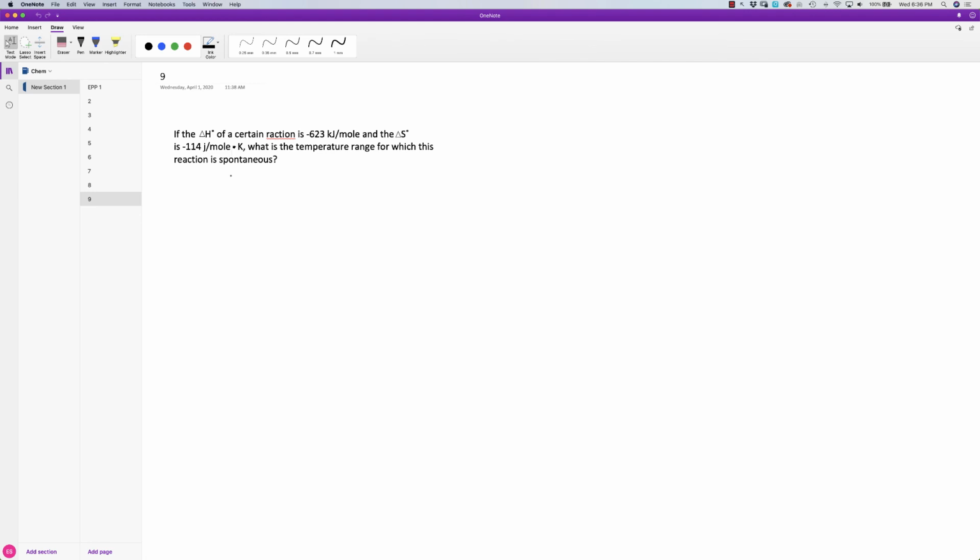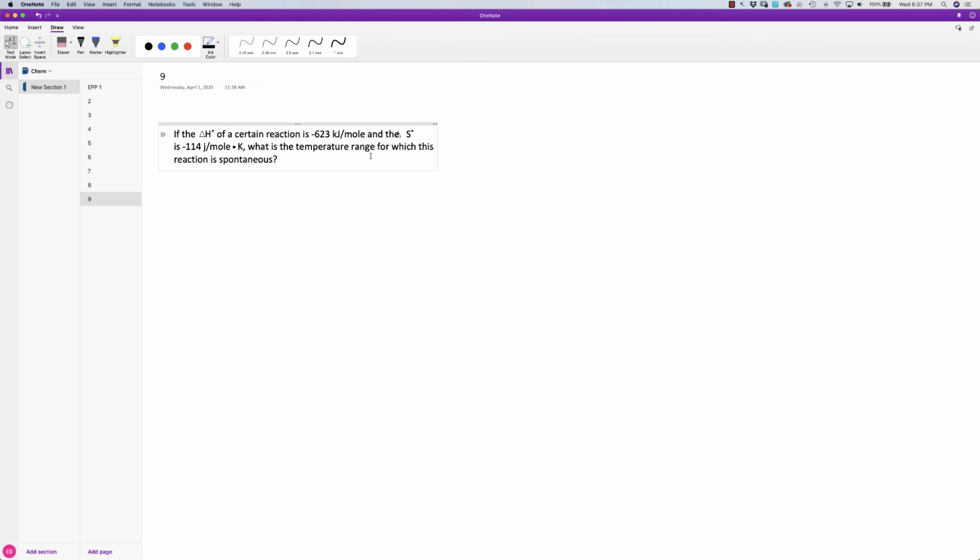If the enthalpy of a certain reaction is negative 623 kilojoules per mole, and the change in entropy is negative 114 joules per mole per Kelvin, what is the temperature range for which this reaction is spontaneous?